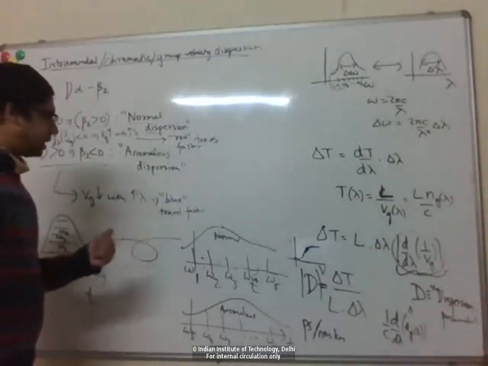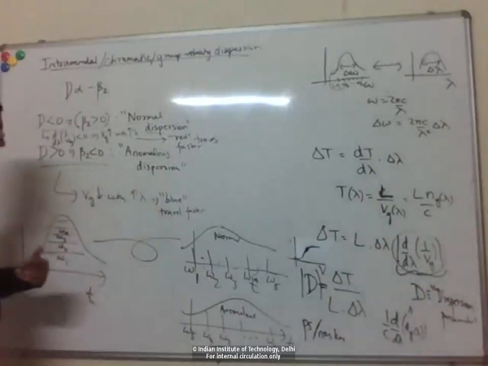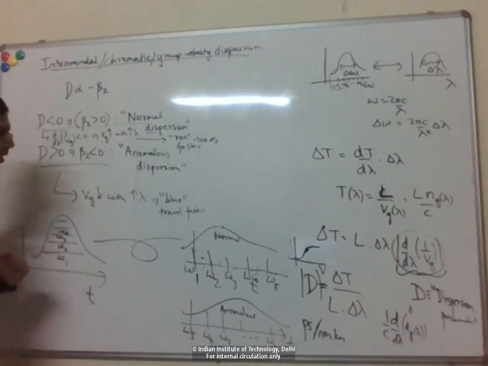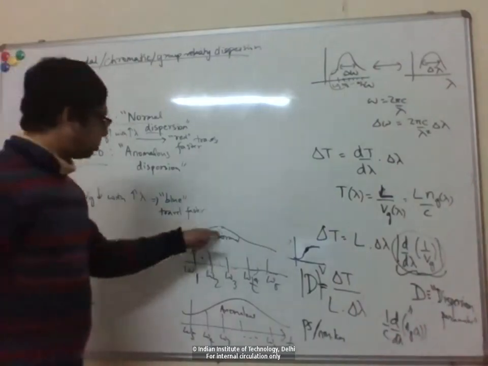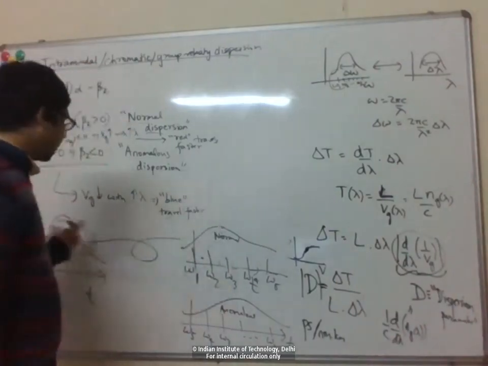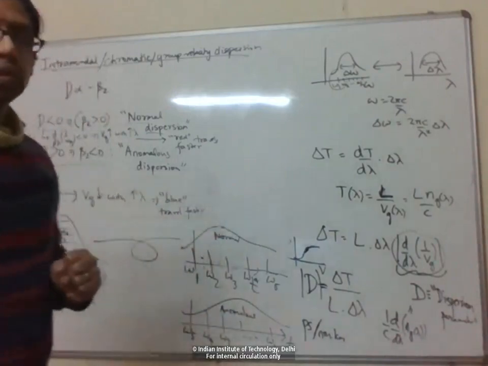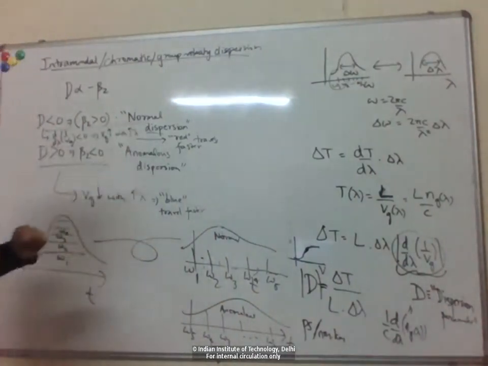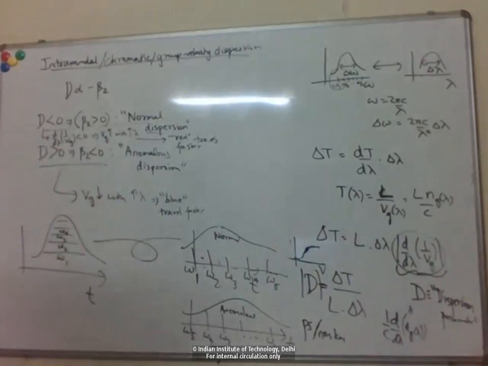So in certain special cases where you have a pre-chirped pulse, where at the input your frequencies are already split in time a little bit, then by using the right type of dispersion, you can get the pulse to compress a little bit. We'll discuss that mathematically in more detail later, but I wanted you to be aware of this terminology of normal dispersion, anomalous dispersion, etc.